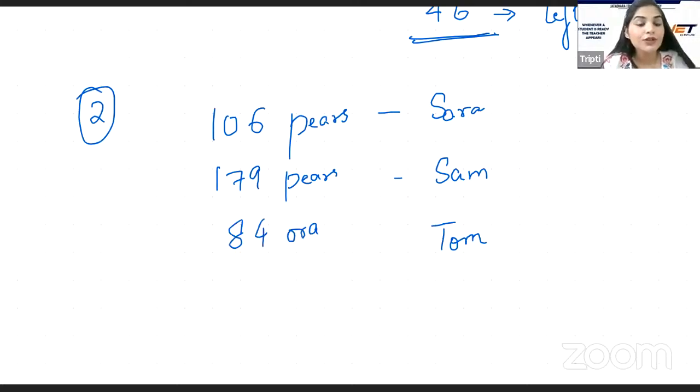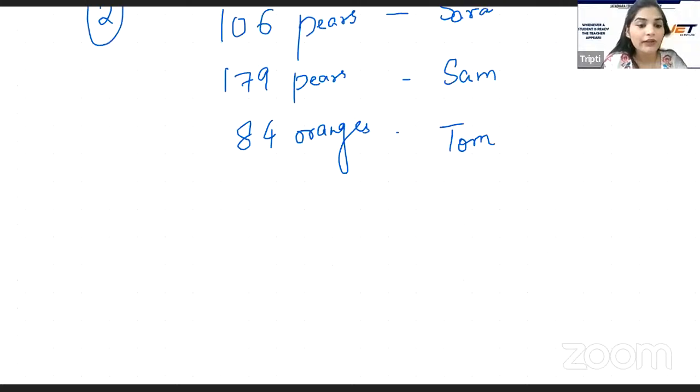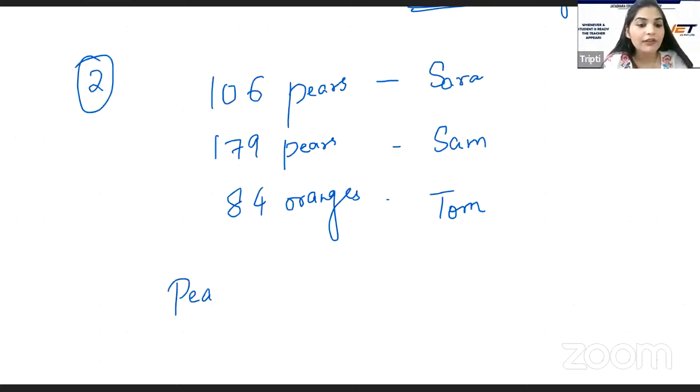How many pears are there altogether? Find out. How many pears are there altogether? 106 pears by Sarah, 179 pears by Sam, and 84 oranges by Tom. How many pears are there altogether?